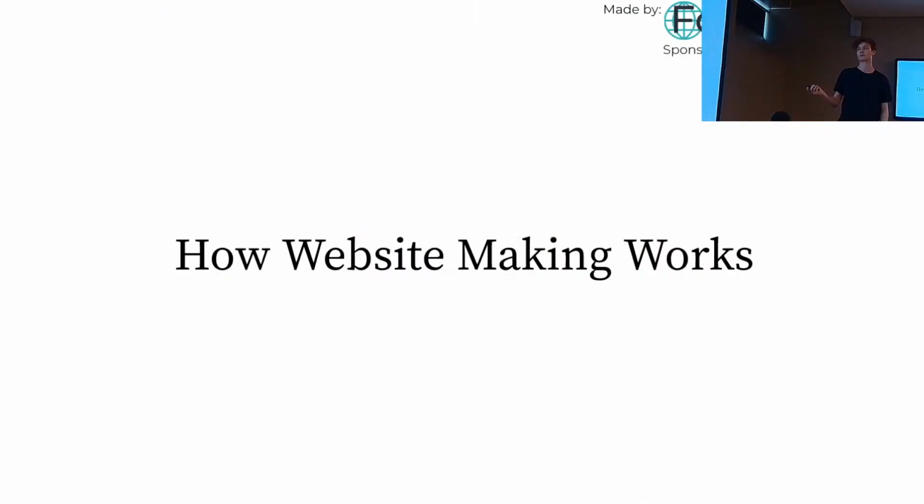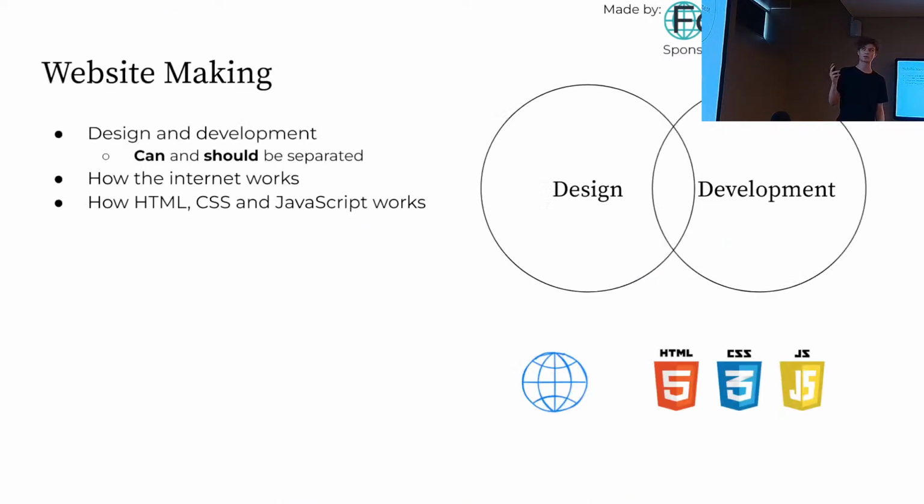So how website making works. Website making can be placed into two main categories, sort of. We've got design and development. Design can be viewed as how you want your website to look, like what colors, what elements, where everything will stand according to each other. And development will be how the website works.